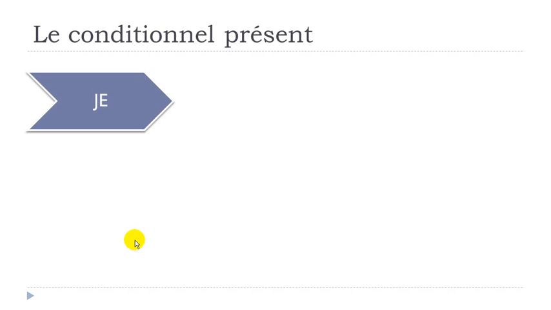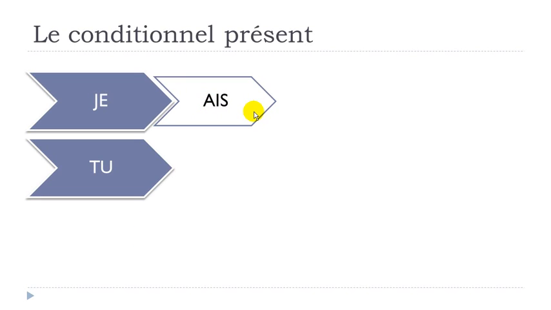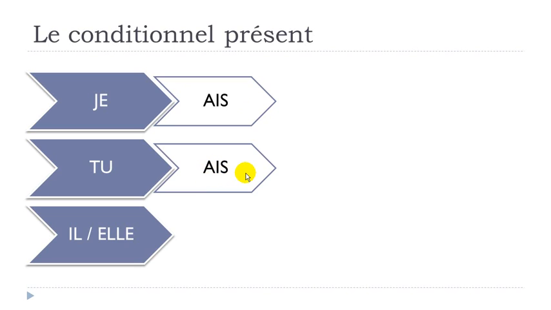So the endings now. We saw previously that the ending for je will be AIS, okay? The ending for tu will be the same, AIS. The ending for il, elle will be AIT, okay?